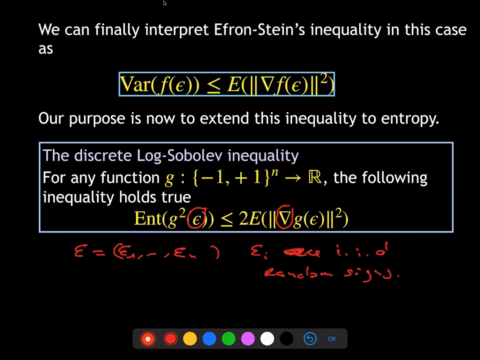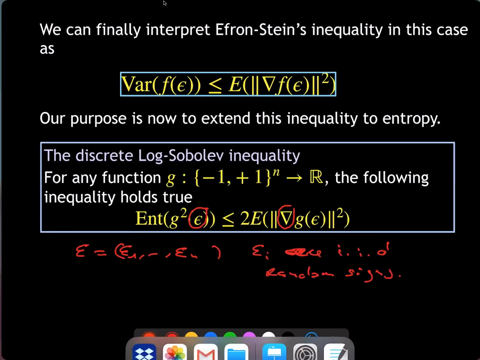Or, if you prefer, epsilon has a uniform distribution on the hypercube. That's another way of saying it. Okay, so let's go back to the proof.